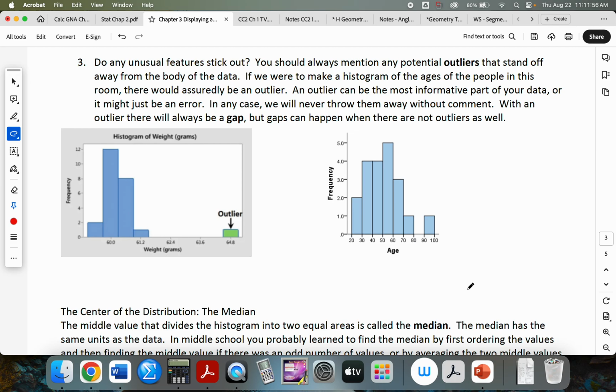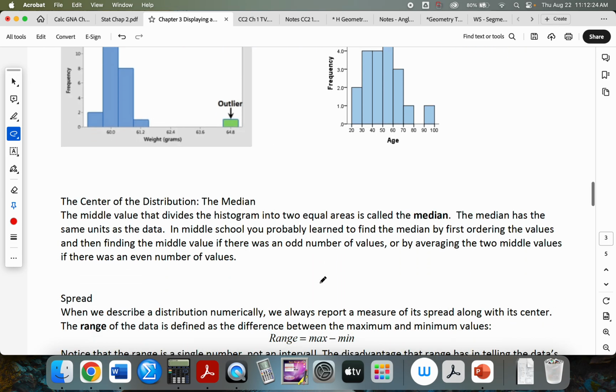Occasionally when you're going through the analysis, you'll analyze it with the outlier and then do it again without the outlier. If you're going to do a complete analysis, you need to talk about how the outlier affected it completely. Sometimes when there's a gap, there is no outlier. When there's a really big gap, you can be pretty sure that's an outlier.